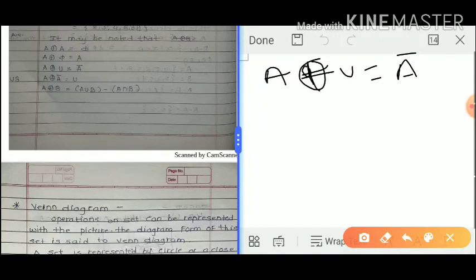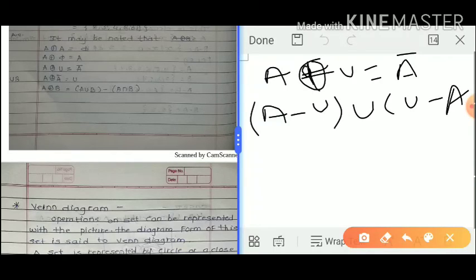Here we need to find two sets, A minus U union universal set minus A. So A minus U means all the elements of A but not in U. The answer is phi, because every element of A is a member of the universal set.